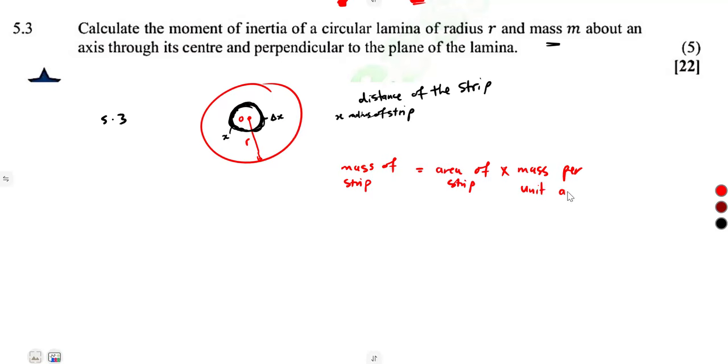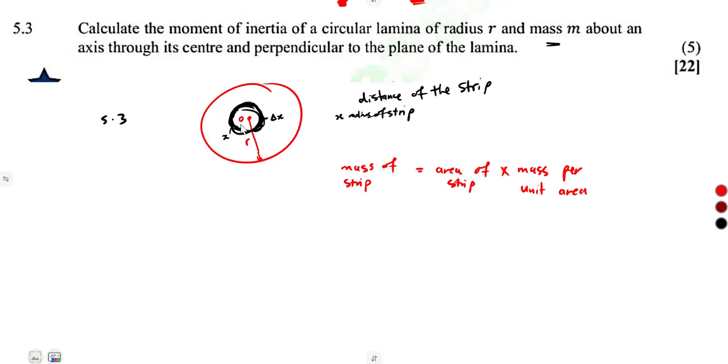Mass per unit area. I think I was supposed to have finished this topic. I left it somewhere, I'm going to work on it. But this is what you're going to need. So the area of strip is here.